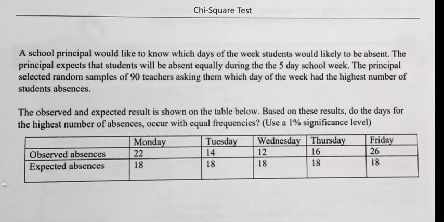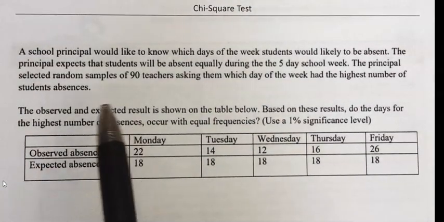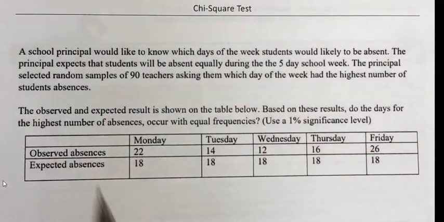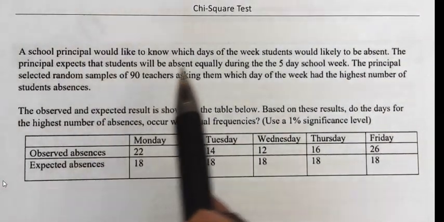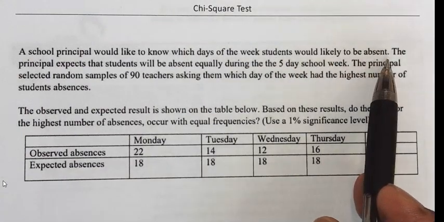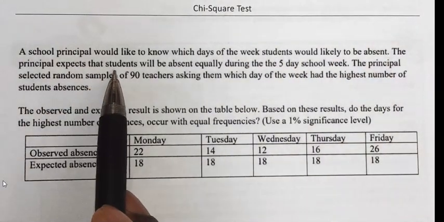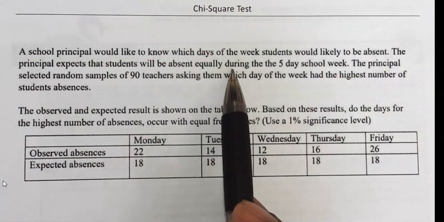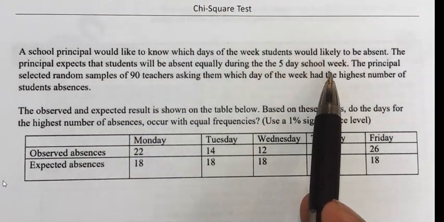Hey students, we're going to go one step further with chi-squareds, and we're going to apply that to hypothesis testing. So here's our first example for the chi-square test. A school principal would like to know which days of the week students would likely be absent. The principal expects that students will be absent equally during the 5 days of the week.